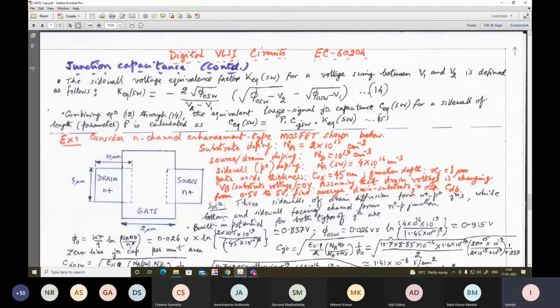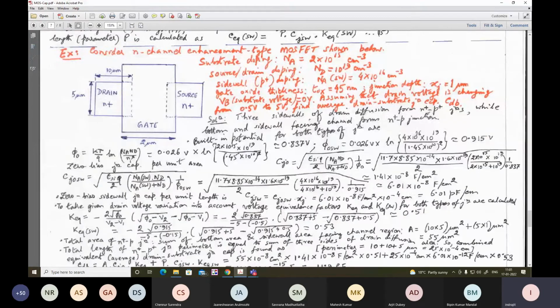In this problem, first we need to calculate the built-in potential corresponding to the 2 different types of p-n junction. One is P N plus, and the other is P plus N plus. So obviously P plus N plus has slightly higher built-in potential.